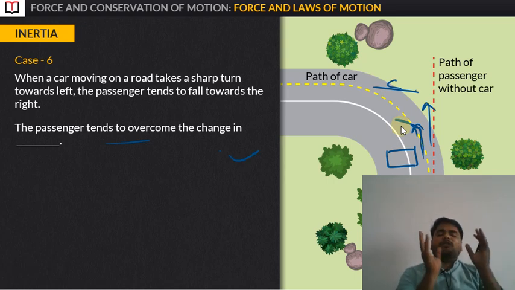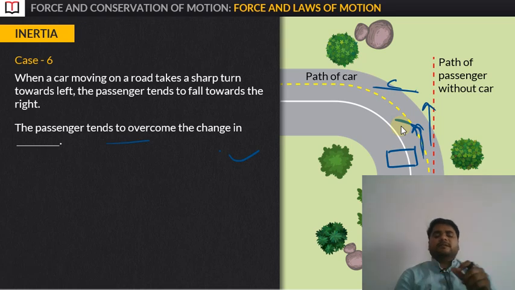Means the object wants to stay in the same state, but when the object takes any sharp turn, then its direction gets changed, due to which its direction of inertia is getting disturbed. So here we can say that the passenger tends to overcome the change in direction.